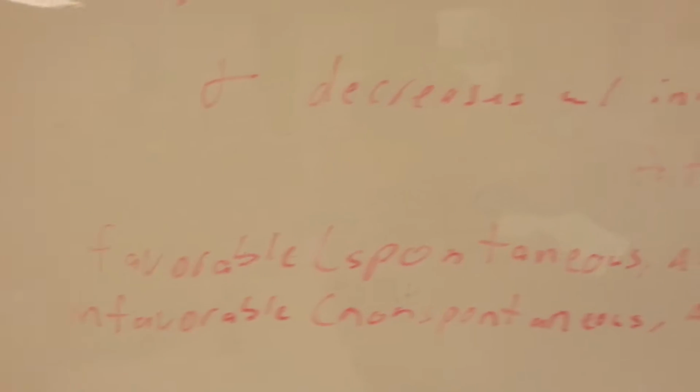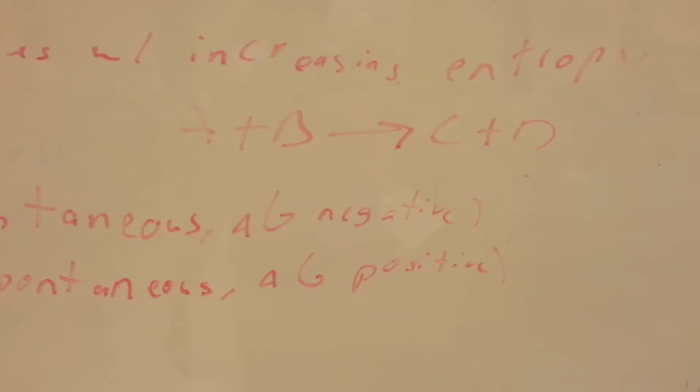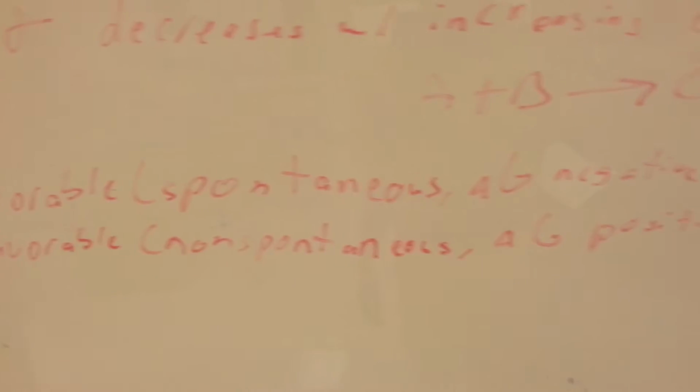It's favorable or spontaneous when delta G is negative, unfavorable or non-spontaneous when delta G is positive, and when delta G is equal to 0, the reaction is at equilibrium.